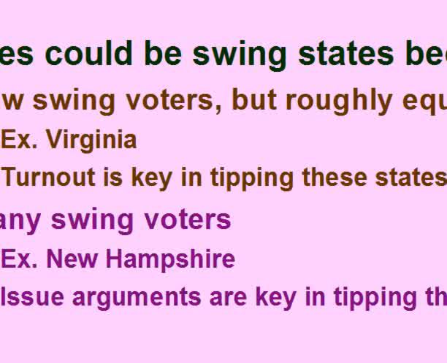Then you have other swing states, not necessarily because they have enormous bases of both, but because there are many voters themselves that change. Generally, this is true when you have states with many independent voters. The classic example there is New Hampshire, which can be a swing state.